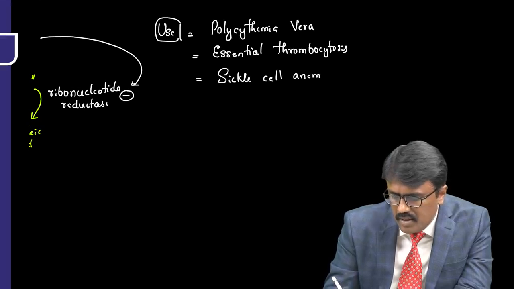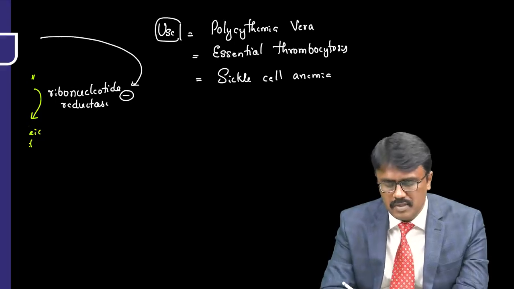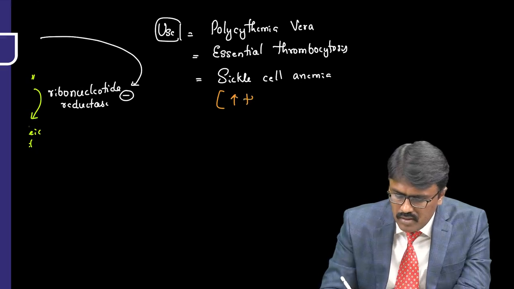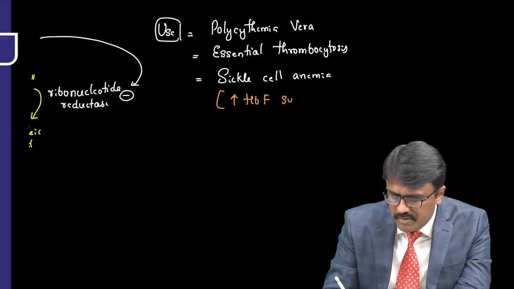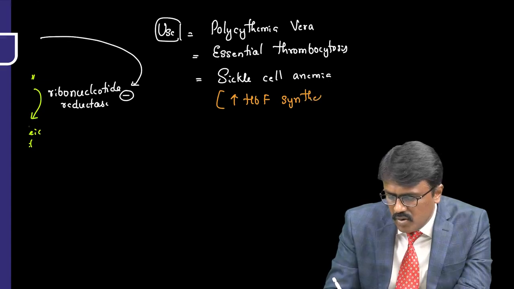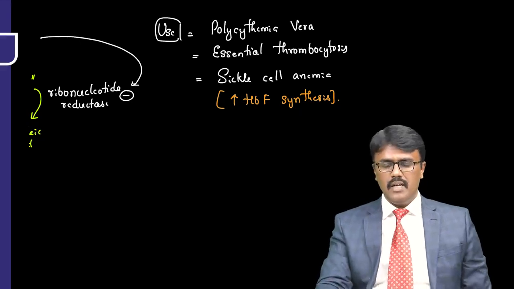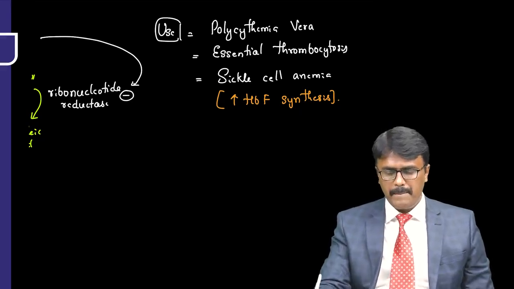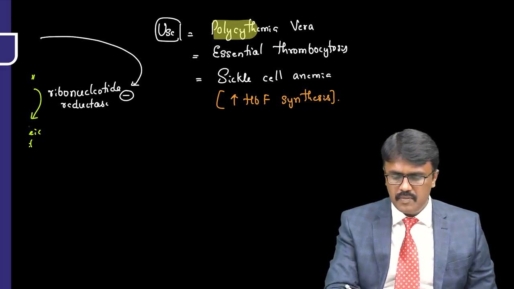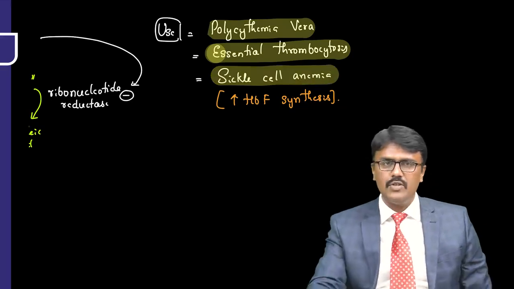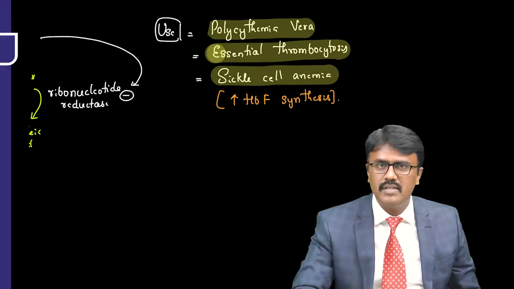Sir, sickle cell anemia is not a cancer, then why are we using it? The reason it is used is that it has been shown to increase fetal hemoglobin synthesis in sickle cell anemia. That's why it is being used in this condition. These are the uses: polycythemia vera, essential thrombocytosis, and sickle cell anemia.